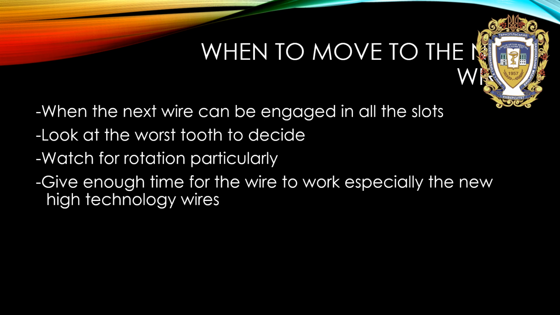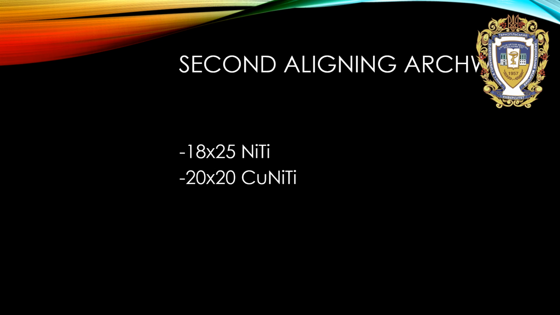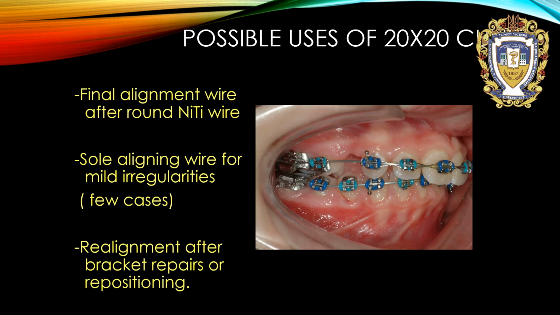When do we need to move to the next wire? When the next wire can be engaged in all the slots. Look at the worst tooth to decide, watch for rotation particularly, and give enough time for the wire to work, especially second aligning wires, 18x25 NiTi and 20x25 copper NiTi.